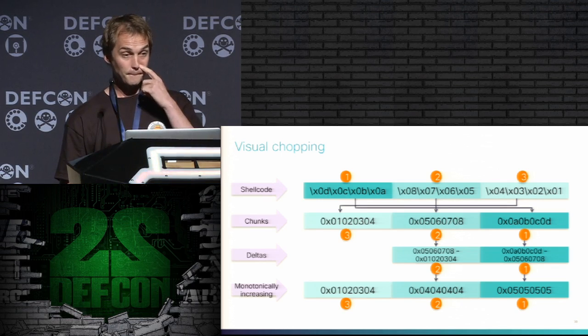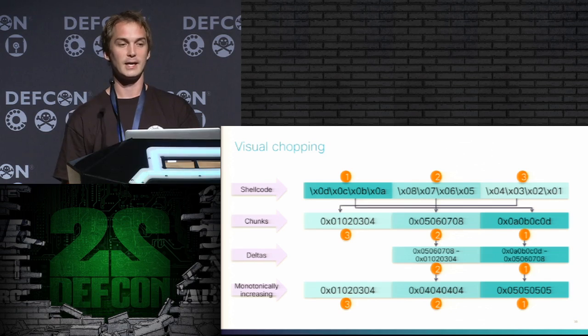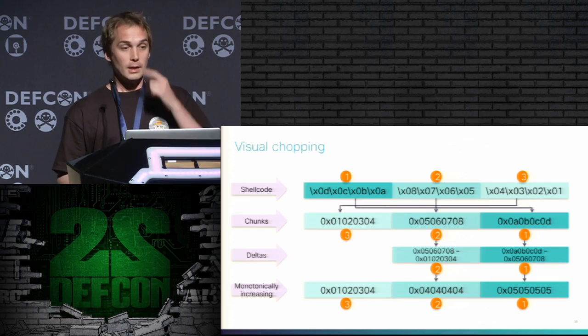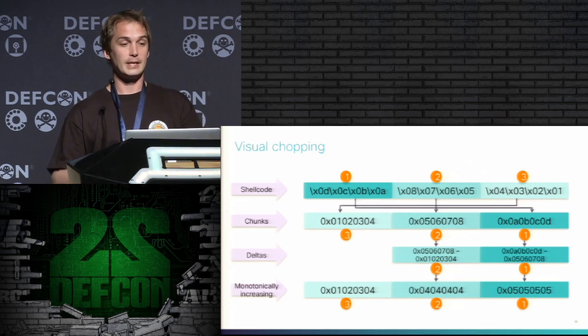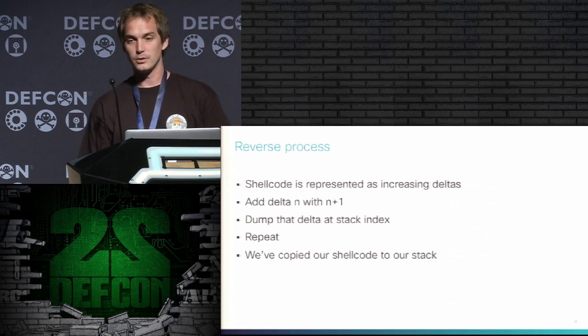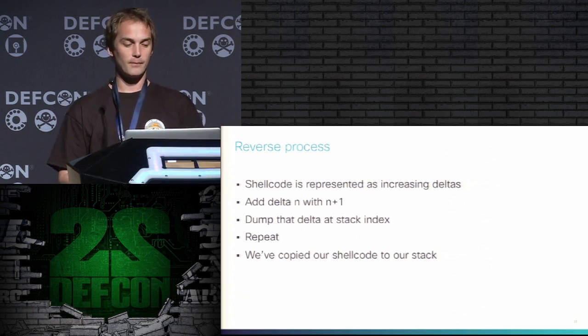So you see at the last line that position 3 of your initial shellcode is now at position 1, position 2 is 2 minus 3 and is put at position 2, and so on. Your shellcode is now represented as increasing deltas.